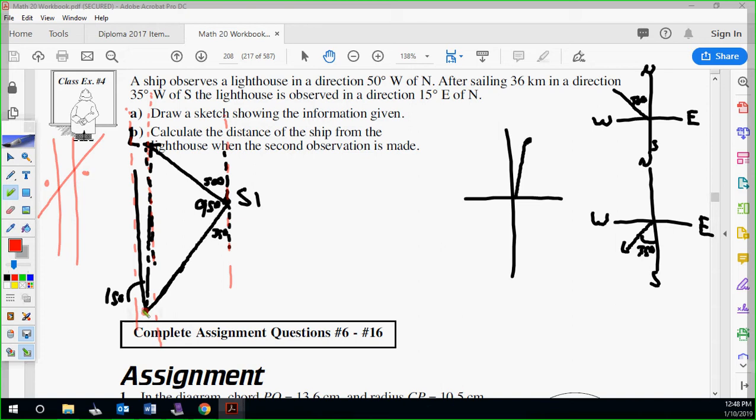Yes, he's going, but see, this is the north line. This is him going 15 east. Is that what you mean? So that little sliver is 15. Right. Sorry, there's a north line here. Oh, I see what you're saying. Yes, north line. Okay.